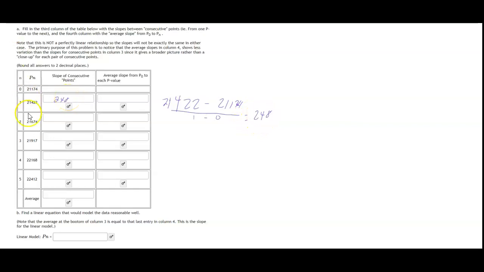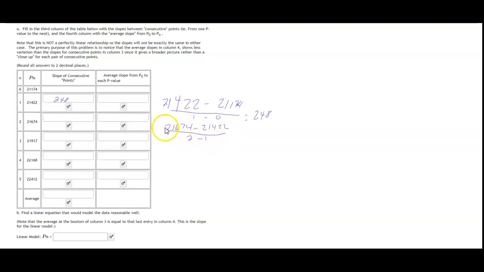And then the next value, of course, consecutive would be from 1, 21,422 to 2, 21,674. So you're going to take the 21,674 minus 21,422 this time over the 2 minus 1.